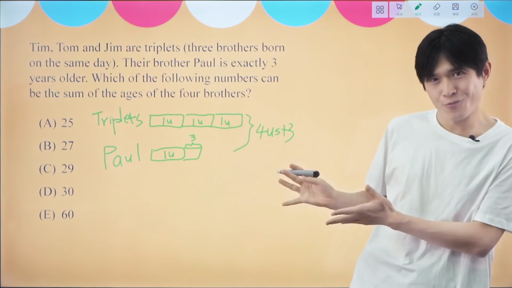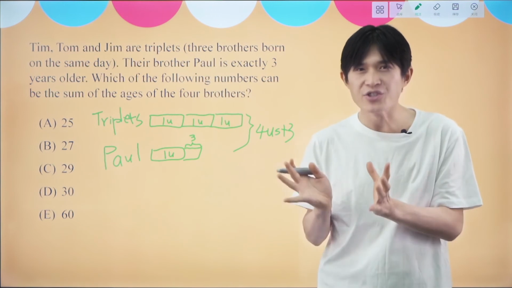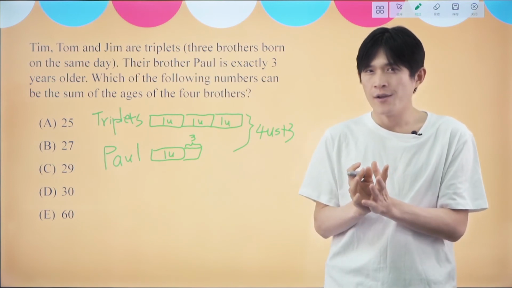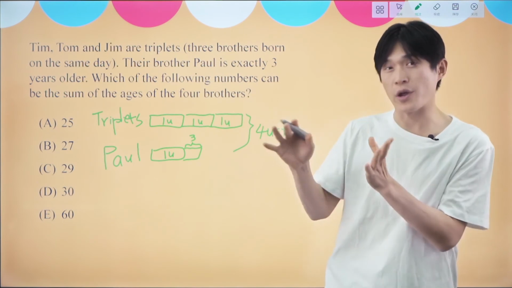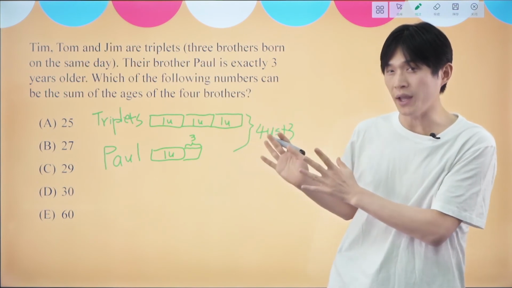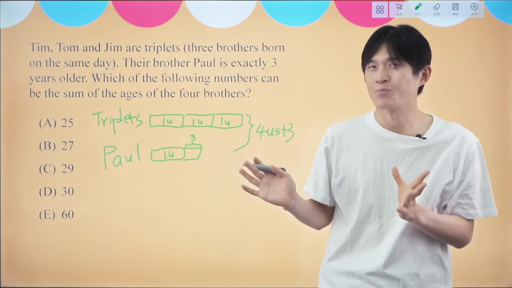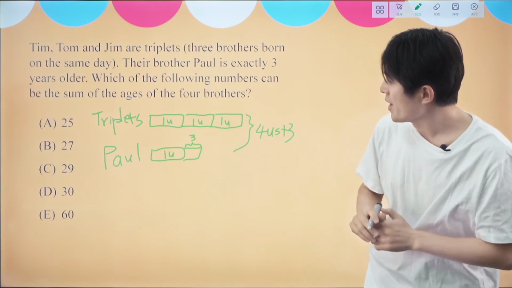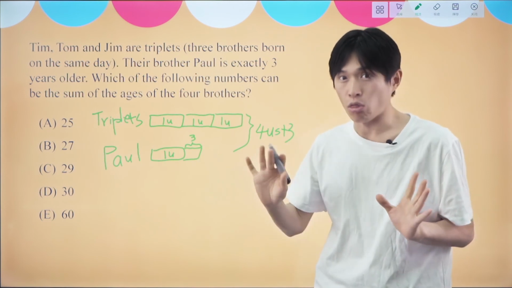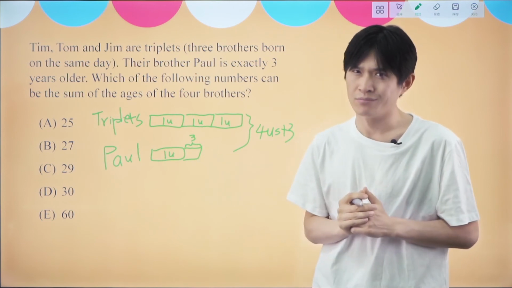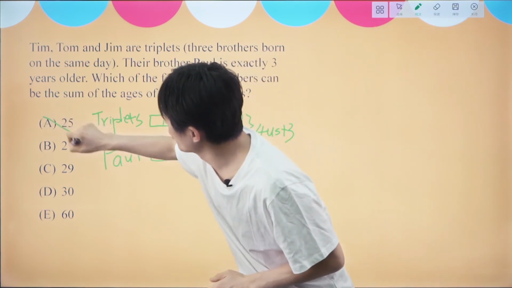So from this, we know that when we take the sum of the ages and subtract 3, this number must be divisible by 4. So we can just try it out. 25 minus 3 is 22. It's not divisible by 4, so we don't want it.